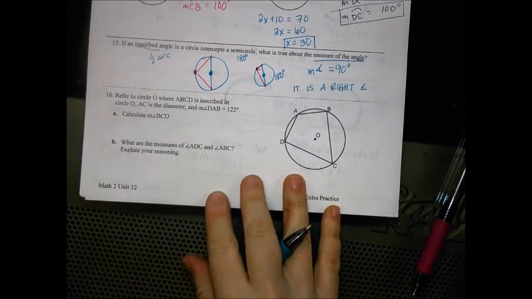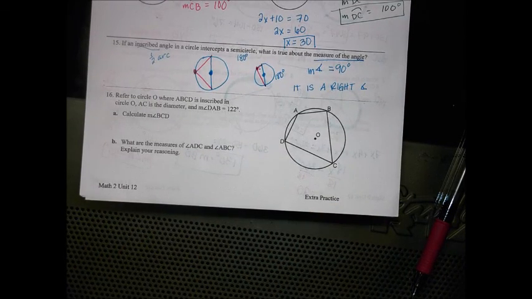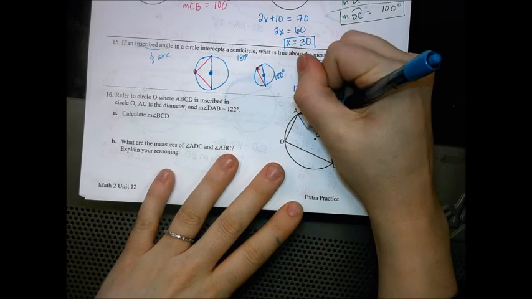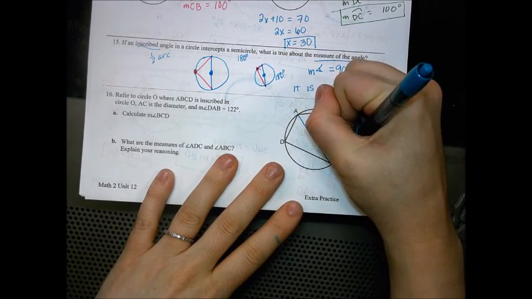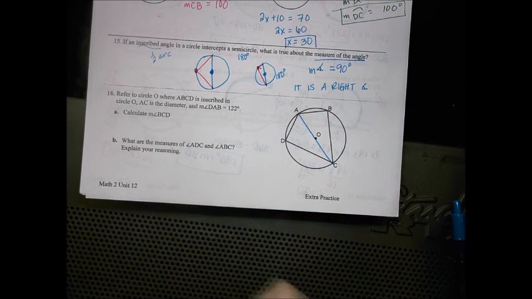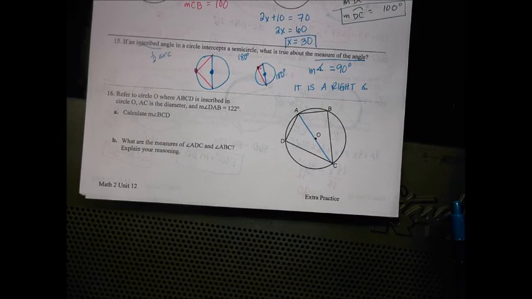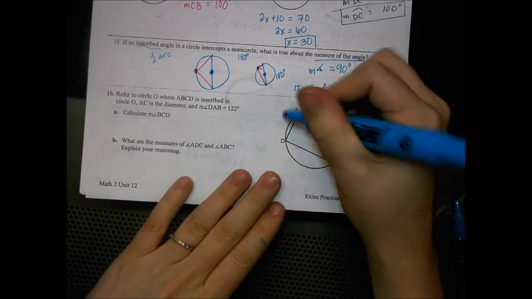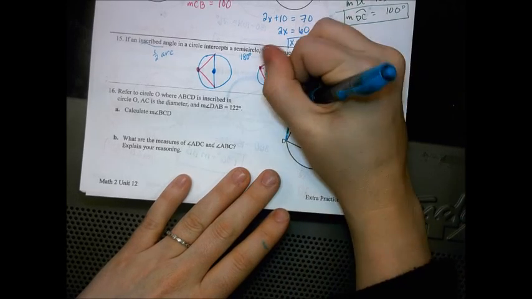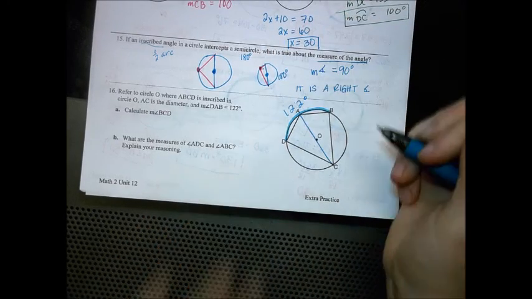Number 16. Refer to circle O where ABCD is inscribed in circle O. AC is the diameter. AC, the diameter. And the measure of angle DAB is 122 degrees. Oh, I'm sorry.